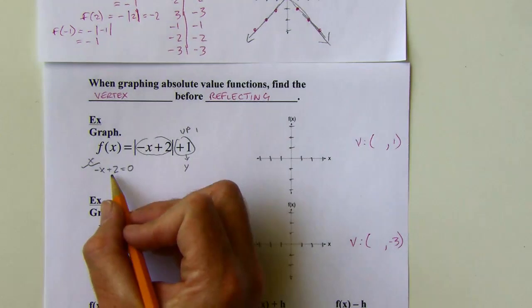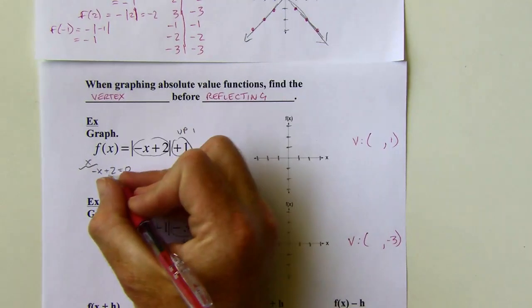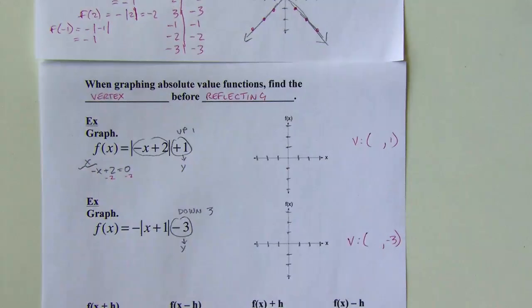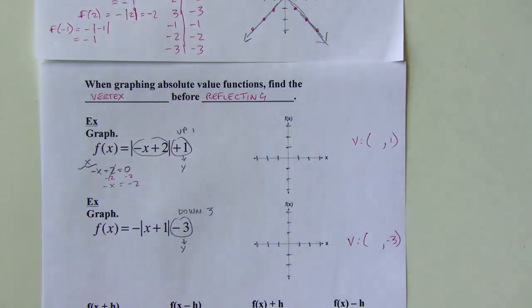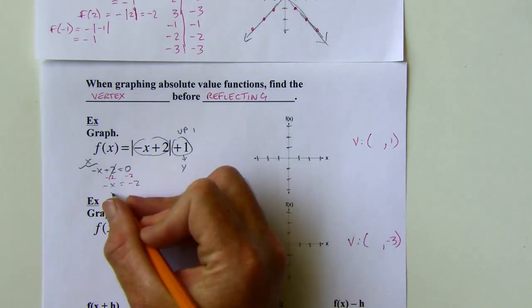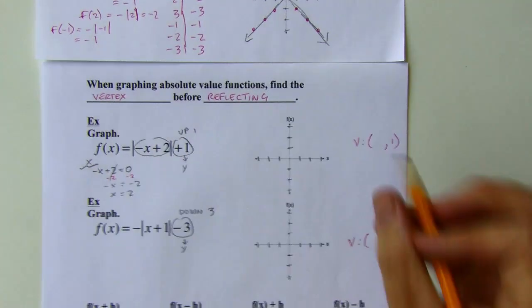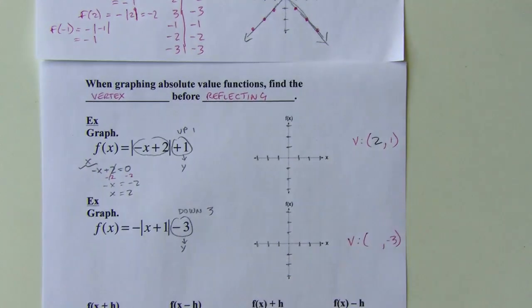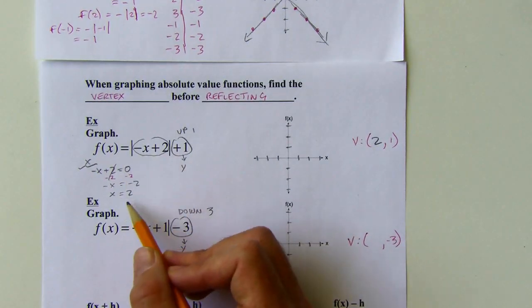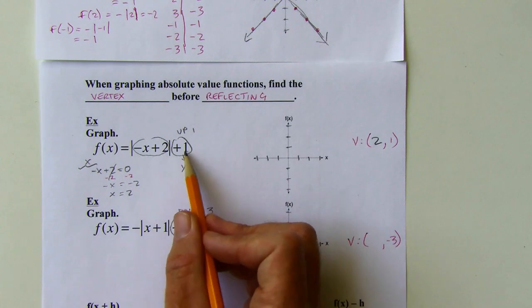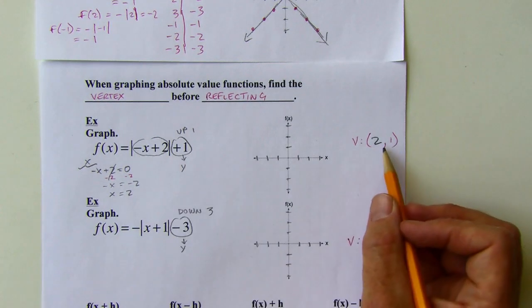I'd subtract 2 from both sides, so -x is going to equal -2. Then you can multiply or divide by -1 on both sides. So my x-coordinate here is going to be 2. So that negative actually did affect the x-coordinate. It's not just -2, 1 like you might guess. It's actually 2, 1. Okay?